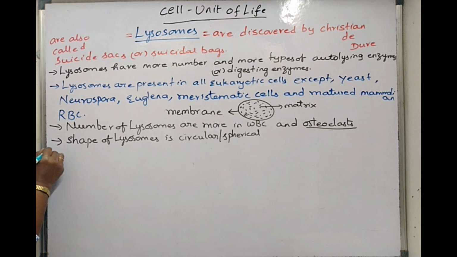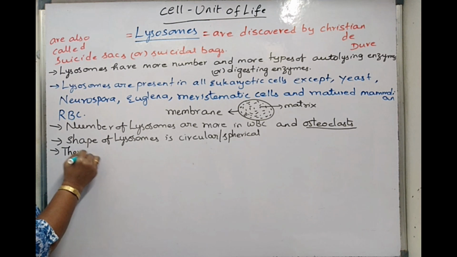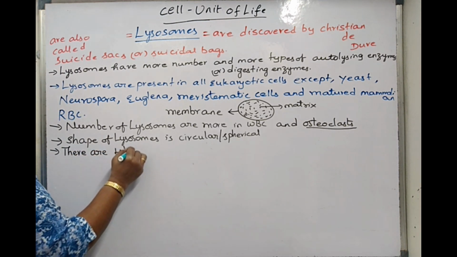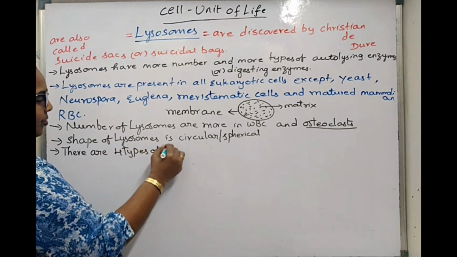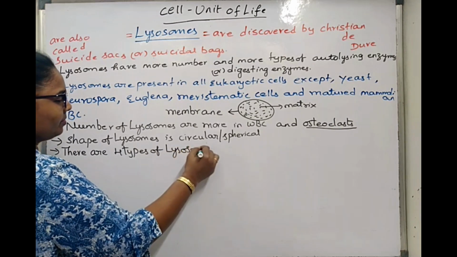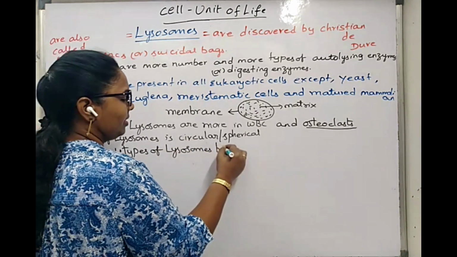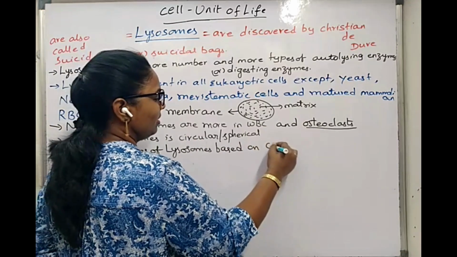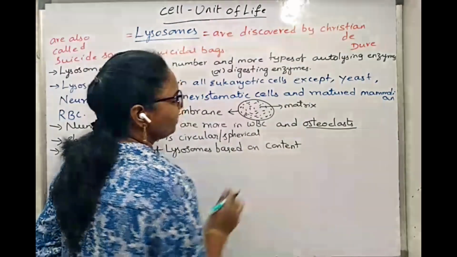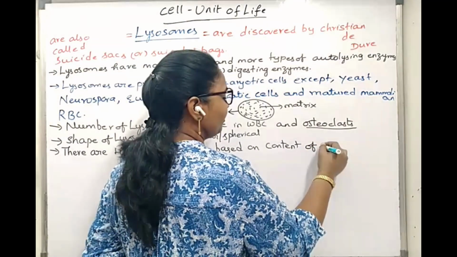Next, there are different types of lysosomes based on the type of matrix. So lysosomes are said to be polymorphic organelles. There are 4 types of lysosomes based on the type of content of the matrix.